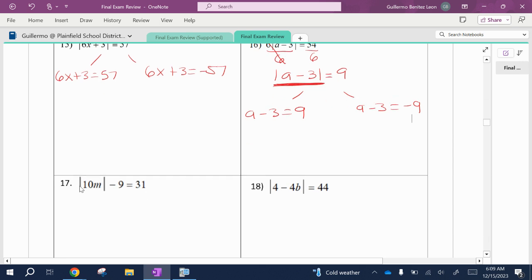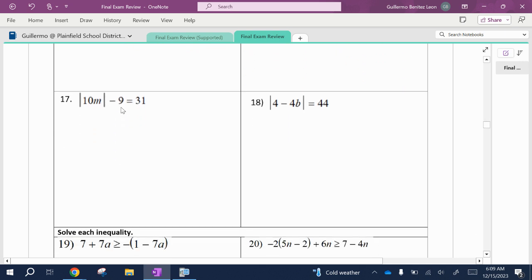Number 17, similar. There's a minus 9 on the outside. So you cannot take the two cases until you get rid of the minus 9. How do you get rid of minus 9? We add 9. That means that I get the absolute value of 10n equals 40.